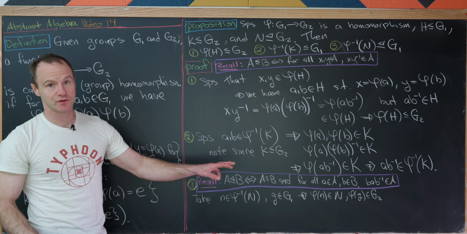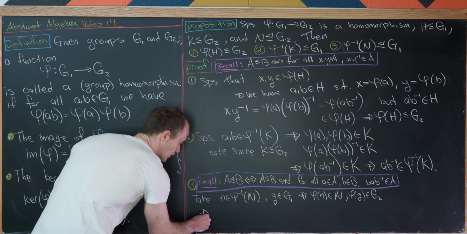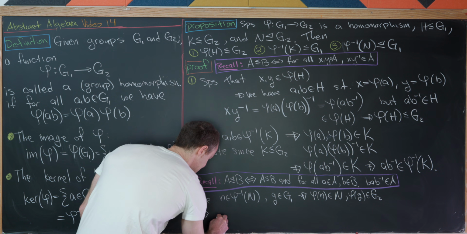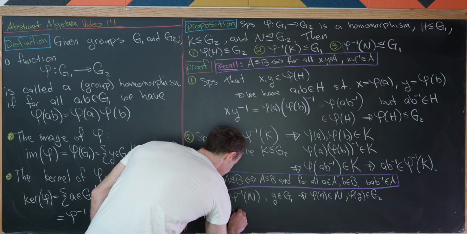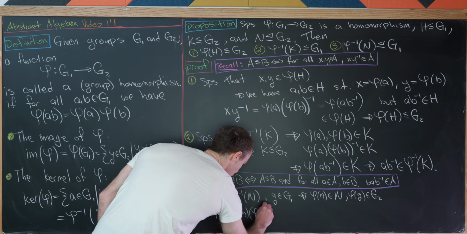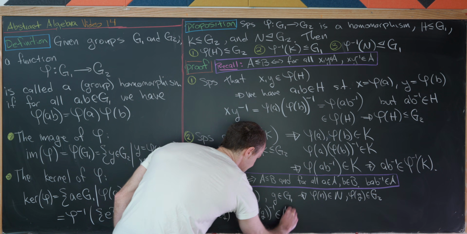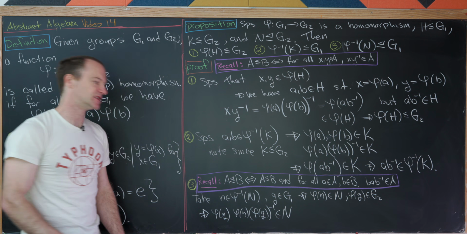Oh, but N is normal in G2, so now we will use that. So let's use that fact to say that phi of g, and then phi of n, and then phi of g quantity inverse is inside of N. Again, that's by the normality of N in G2.